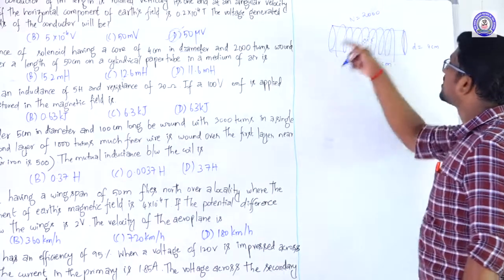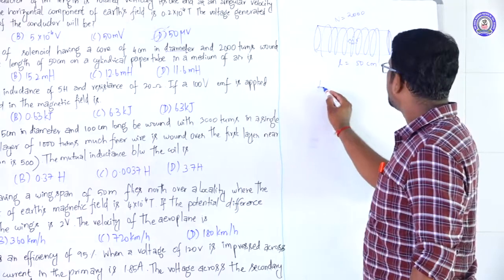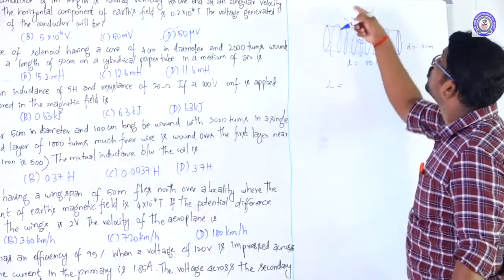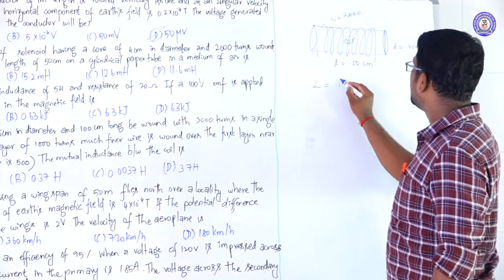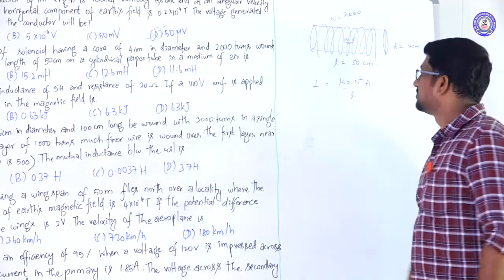The self-inductance of the solenoid. We know that self-inductance of the solenoid in terms of total number of turns is given by L equal to mu naught N square A divided by l.